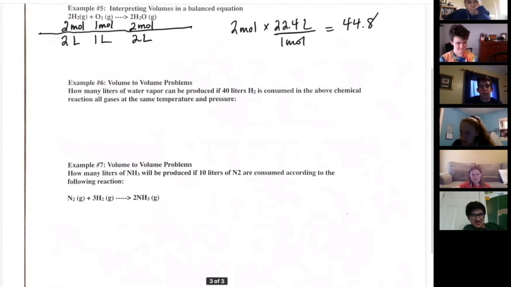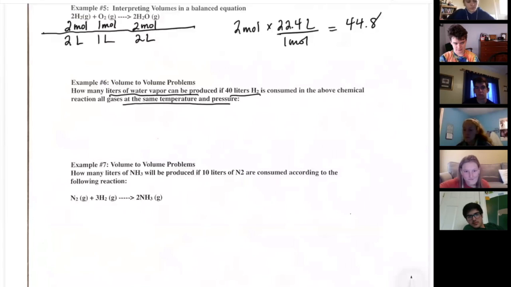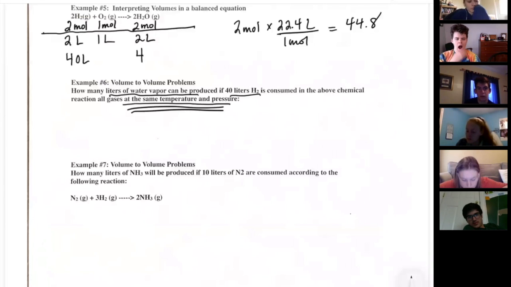How many liters of water vapor can be produced if 40 liters of hydrogen is consumed in the above chemical reaction? All gases at the same temperature and pressure. That's a key phrase right there to do this. So if I have 40 liters of hydrogen, how many liters of water do I get? 40.